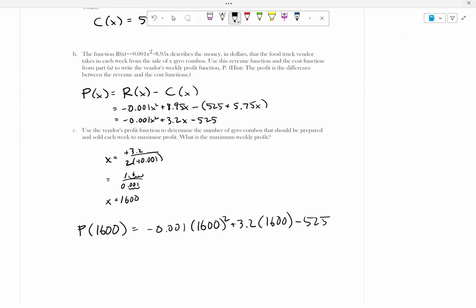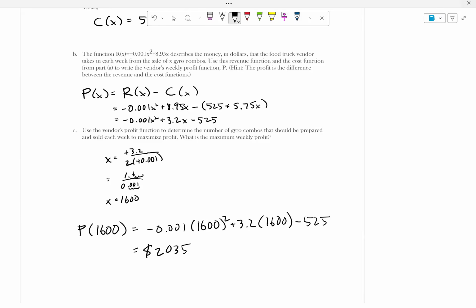Get out your calculator and calculate that for me. It looks like the amount of money that they make, the pure profit, is $2,035.